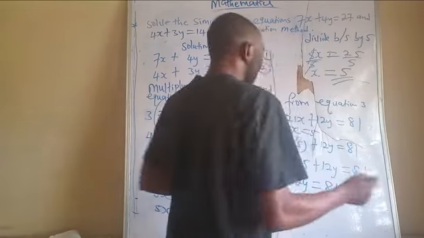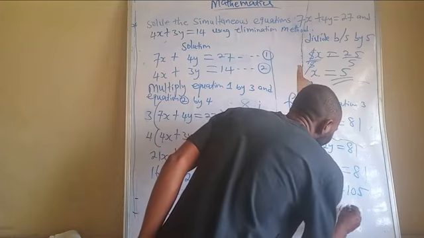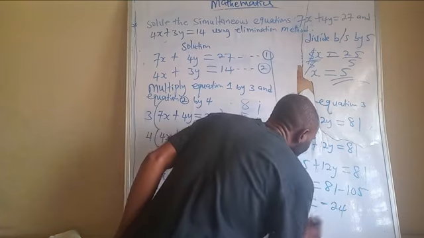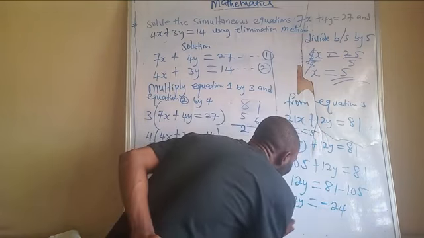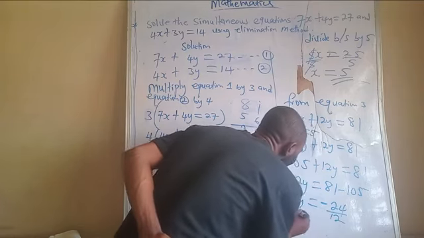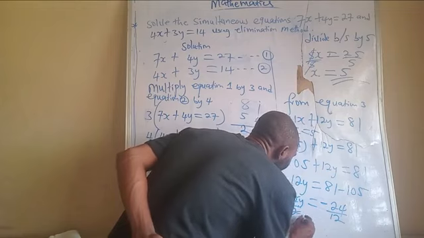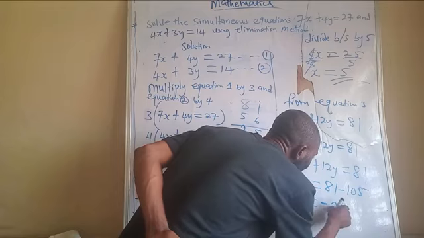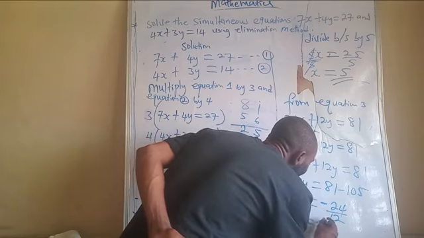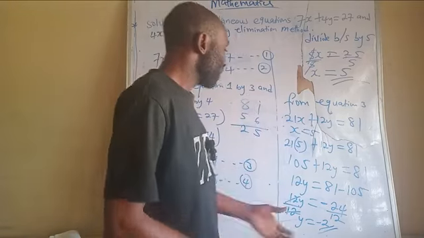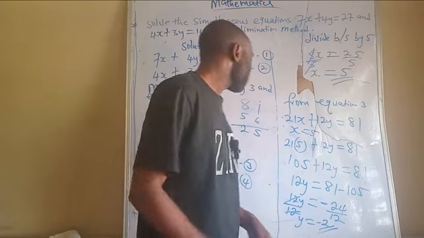So that is minus 24. Then we divide both sides by 12. 12 cancels 12. We have y is equal to minus 24 divided by 12, which will give us minus 2. So therefore, the value of y is minus 2.